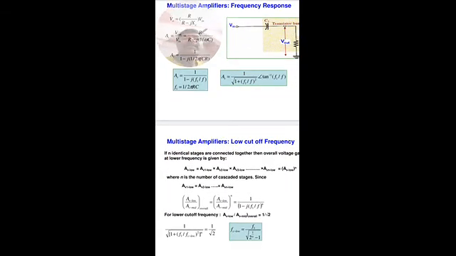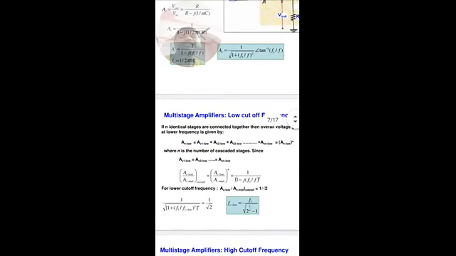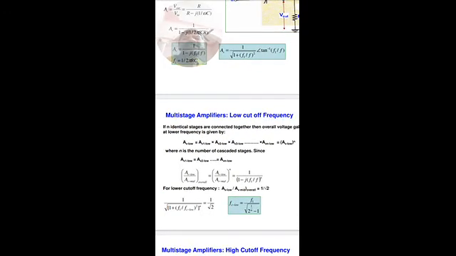In the multi-stage amplifier at low frequencies, if n identical stages are connected together, then the overall voltage gain in the low frequency region AV low is equal to AV1 at low frequency into AV2 at low frequency, AV3 at low frequency, and so on, AVN at low frequency.